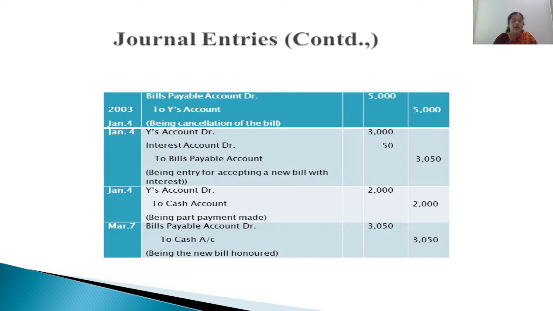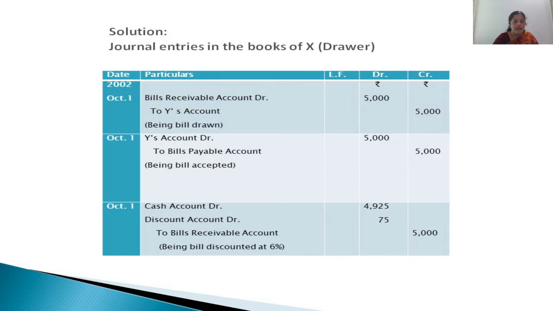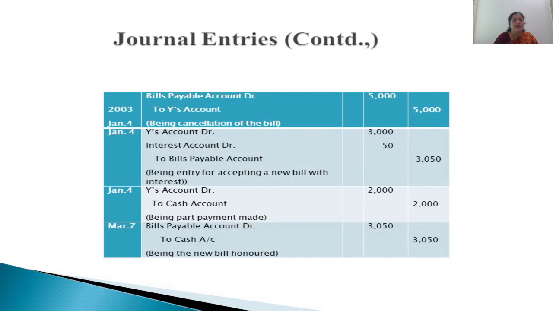Then on the first due date, which I have already made you learn the calculation of the first due date, bills payable account debited to Y's account, which is 5,000, being cancellation of the bill.